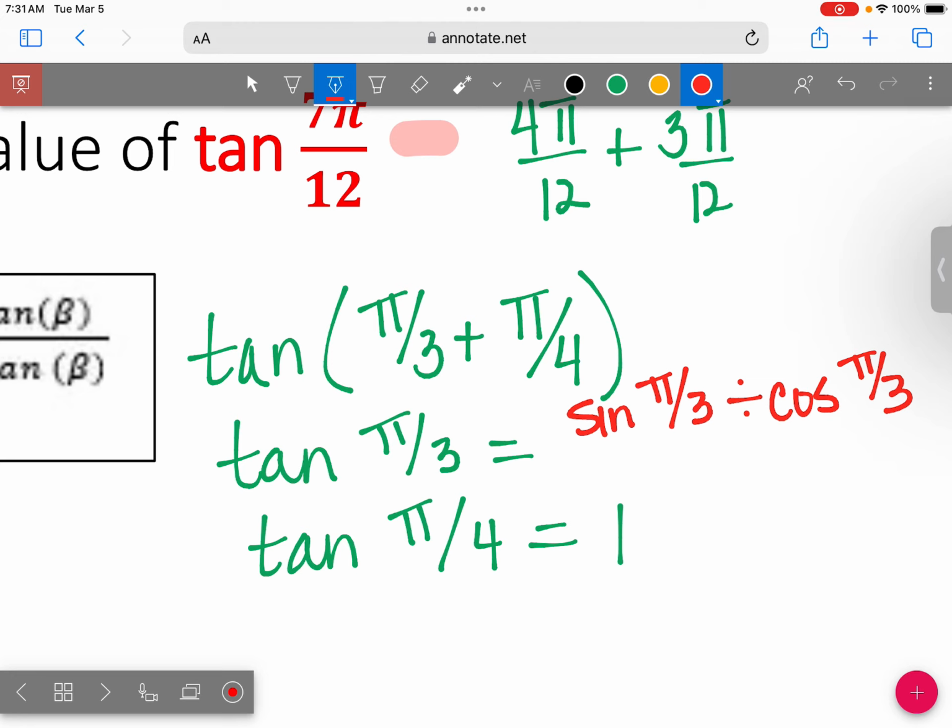All right, did you all get root 3? All right, so we got root 3.